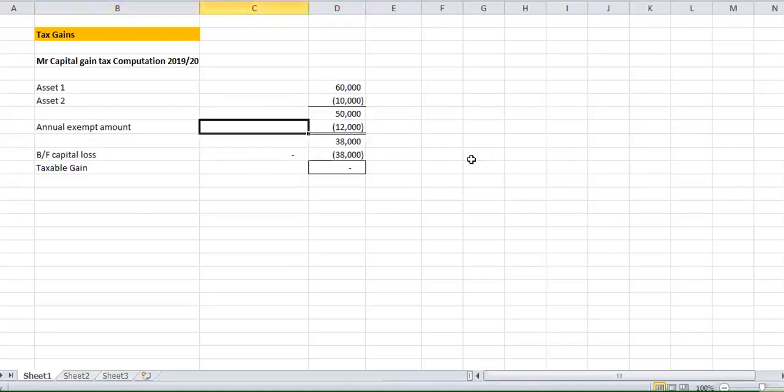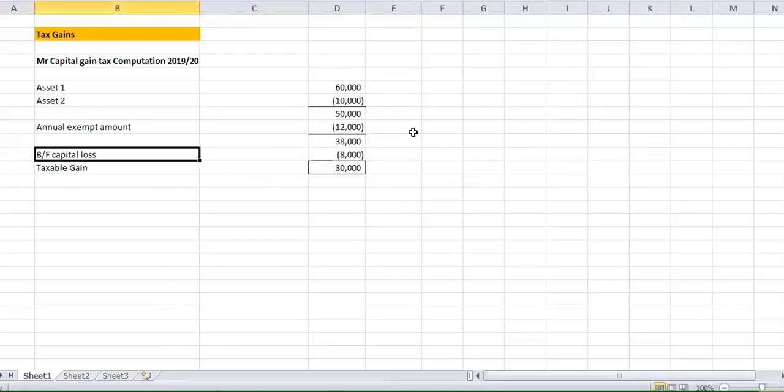Then we have deducted the annual exempt amount of £12,000. We have a net gain of £38,000. After that, suppose we have a brought forward capital loss of just £8,000.